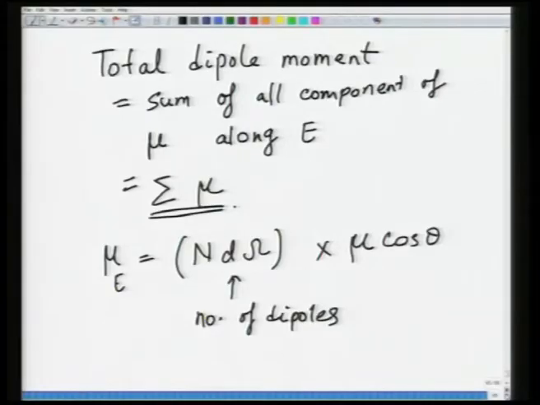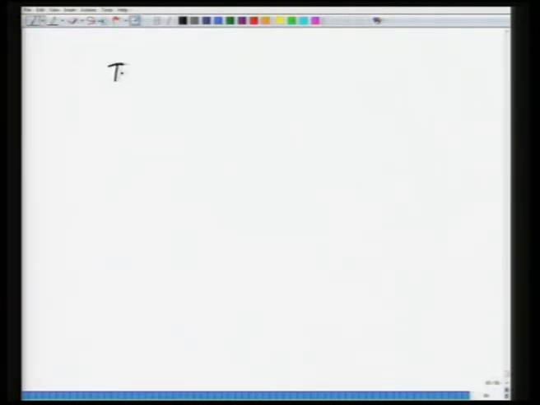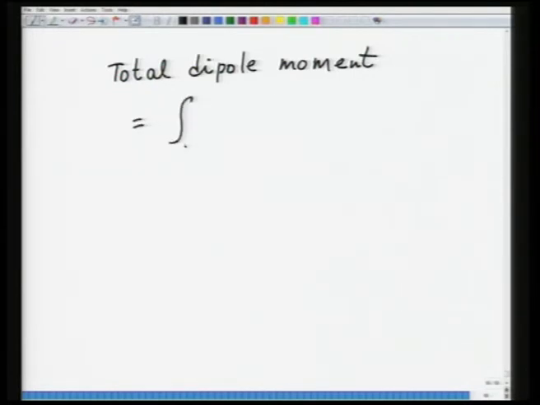So what we need to do is that the total dipole moment would be the integral from 0 to pi of n(theta) mu cos theta.